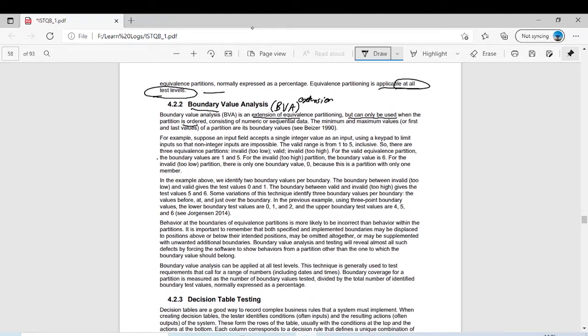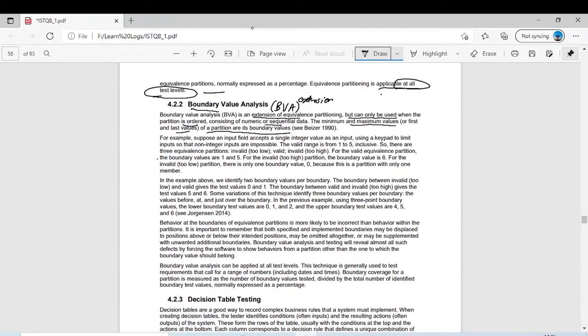As we have seen in equivalence partitioning, we make equivalence classes, some partitioning. So partitioning is very important. When partitioning is made, then you can apply boundary value analysis, consisting of numeric or sequential data. The minimum and maximum values, or the first and last values of a partition, are its boundary values.